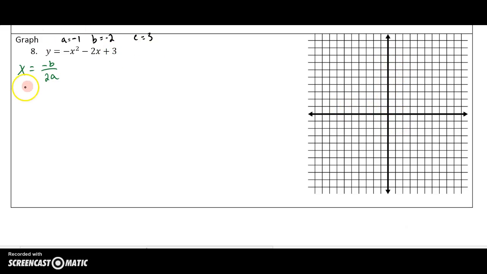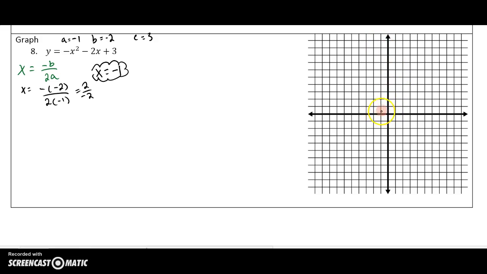So if I plug that in, the opposite of b is the opposite of -2, divided by 2a. So I'm taking the opposite of -2, that's 2, and dividing it by -2. So I got x equals -1. That's my axis of symmetry.